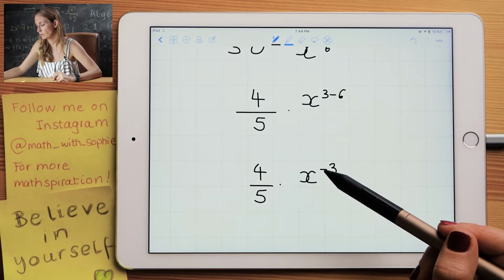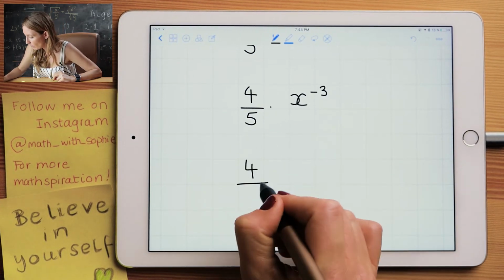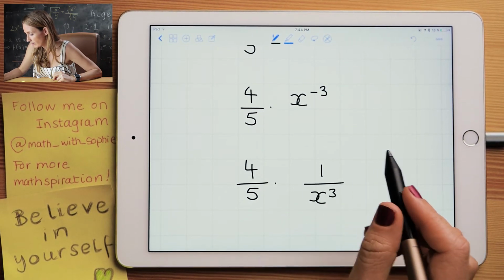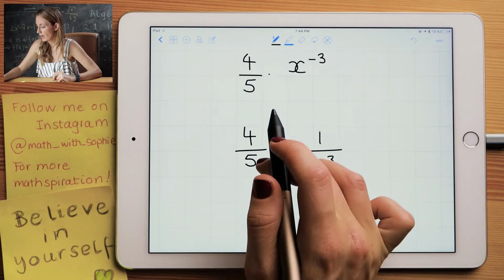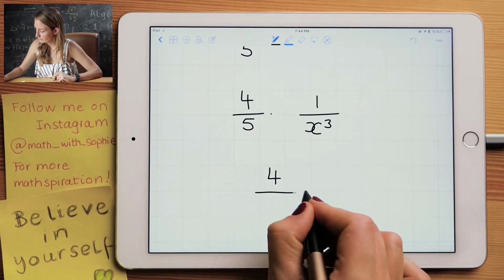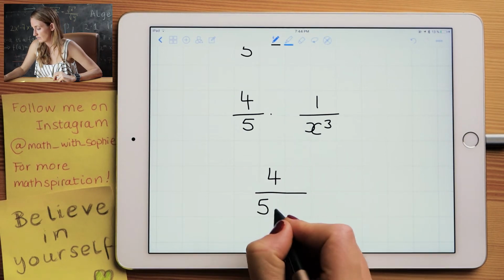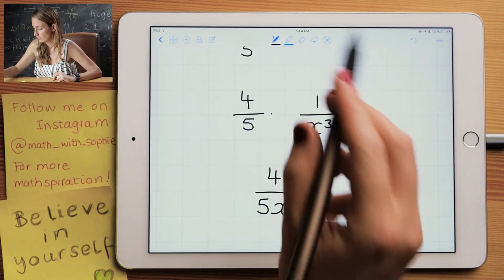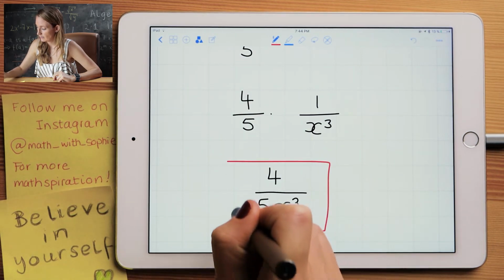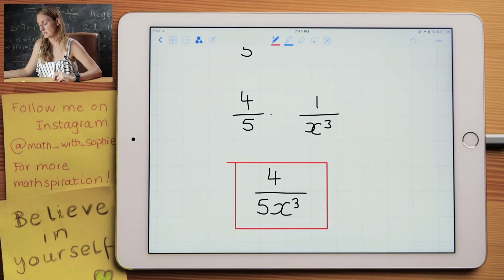Remember, negative powers can always switch over to 1 over x power 3. To tidy that up, I would just say 4 times 1 is 4, and 5 times x cubed is 5x cubed. So this is going to be my final answer.